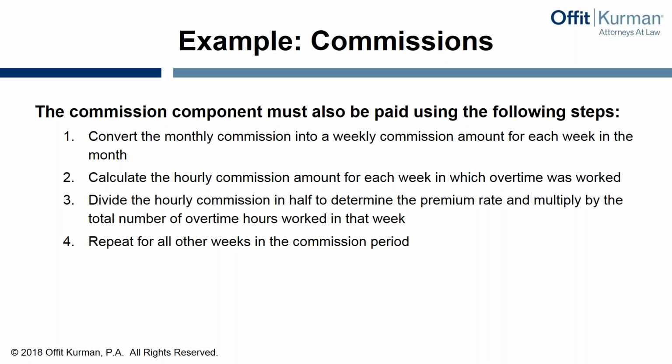And if you wanted to pay, let's say, a 25% commission on their sales, but that's what you want to pay. You don't want to pay a 25% commission plus overtime, and they're going to work 5 hours of overtime per week.